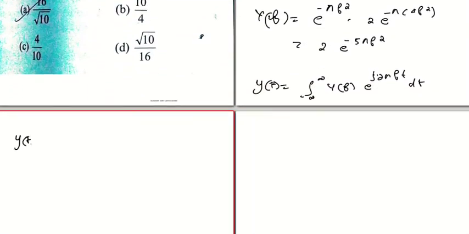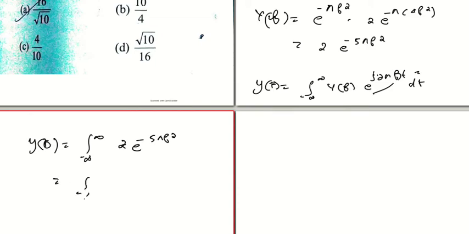So y of t equal to, and also at t is equal to 0. So when t is equal to 0, what happens? Y of 0 equal to integral minus infinity to infinity y of f only. This term will be equal to 1, so we don't have to take it. So instead of y of f, we are going to write 2 into e raised to minus 5 pi f square, right?